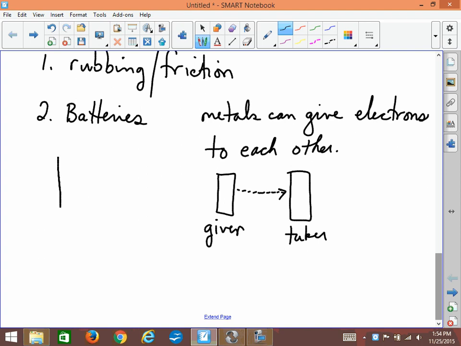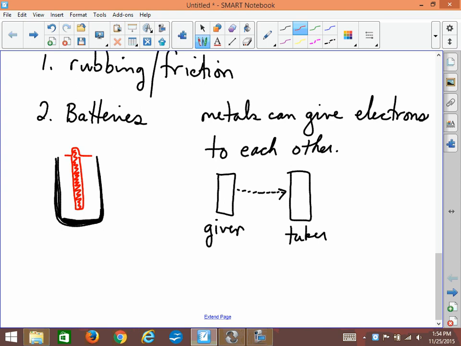A typical battery is round, and it has a metal on the bottom and on the outside, right here, that I've drawn. The outside of the container is all made of one kind of metal. And then the top is sort of another kind of metal, and there's a bump. And that bump usually has metal that goes all the way down inside the battery attached to it, like this.